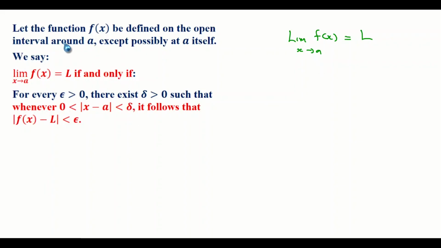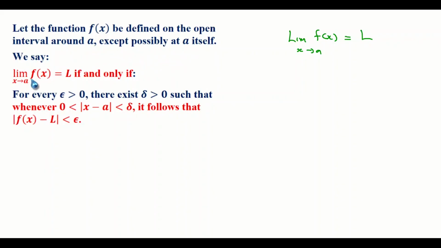So now let's go through the definition first, then I will explain all the parameters available in the definition. Let the function f of x be defined on an open interval around a, except possibly at a itself.